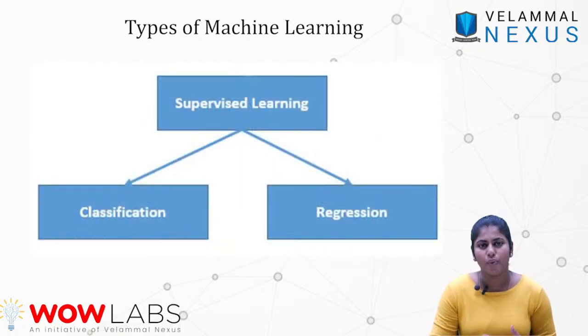So, let's see what regression is. Regression is a type of supervised learning in which labeled data are used to make predictions in a continuous form. The output is always continuous and the graph is linear. Regression is a predictive modeling technique which investigates the relationship between the dependent variable and independent variables. The dependent variables are called outputs and the independent variables are called inputs.